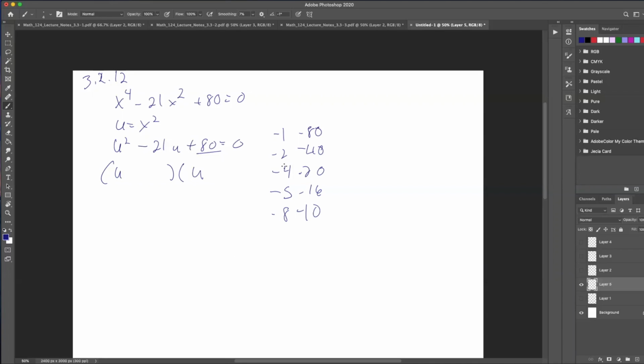And that's it. Okay, so this is it. So which one of these add up to be -21? Why, this set right here. All right, so I know I have -5 and -16. Okay, so that's how I factored that.